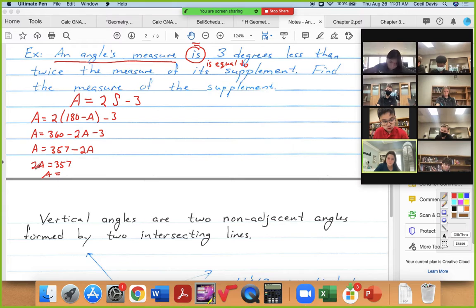Oh, sorry, 3A, my fault. So the angle is 119. Notice on that, though, they didn't ask for the angle, they asked for the supplement. Okay, well, I know that the supplement is going to be 180 minus the angle, so it's 180 minus 119 is 61 degrees.